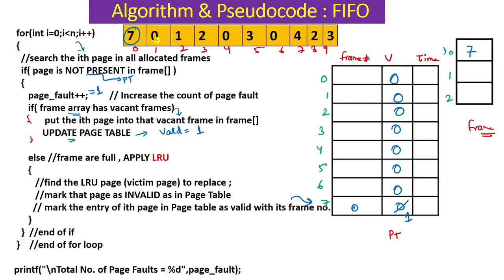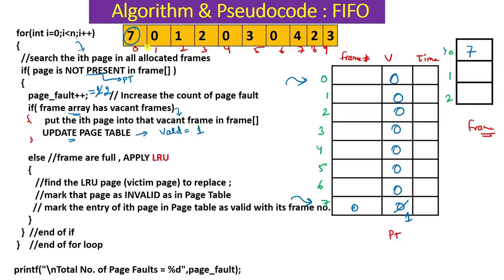For the 0th page, again I'll check whether 0 is present in the page frame array or not with the help of the page table. If the bit is 0, I'll say no. So I'll increase the page fault. Now I'll check whether the frame has empty space or not. Yes, so I'll put the ith page into the vacant frame.